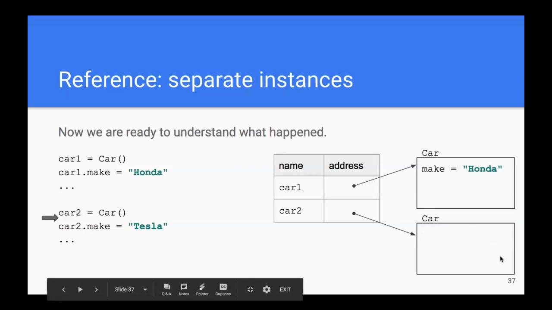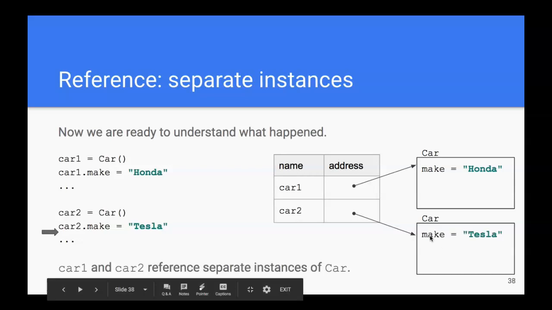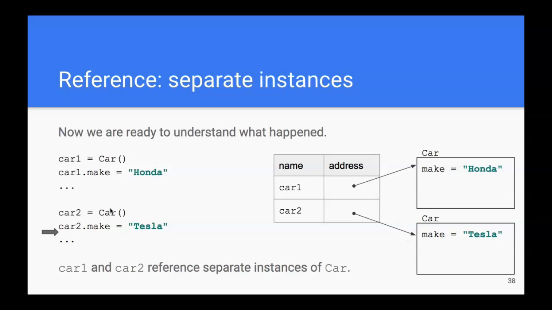This other instance doesn't yet have anything, and car2 points to that. Then we create an attribute in car2 and assign a different value. That's why when you print out car1 and car2 in this case, they have different makes. The make has different values, and that's because car1 and car2 reference different instances of car.